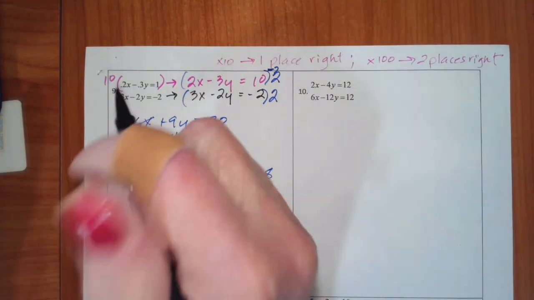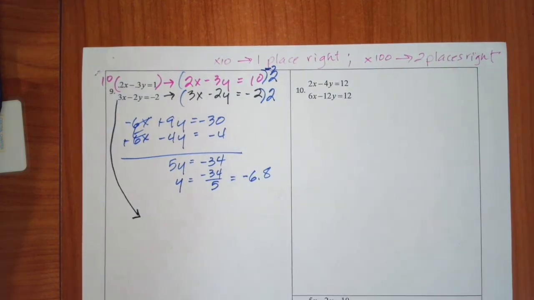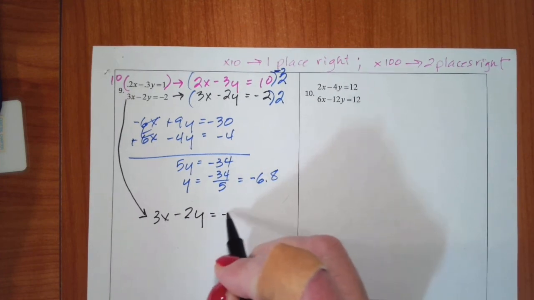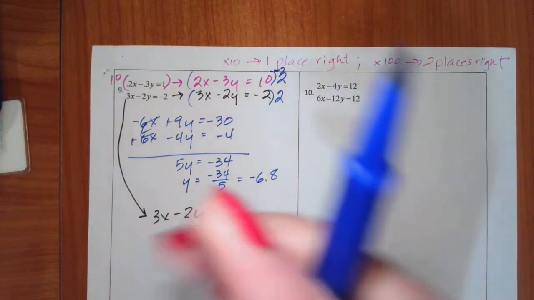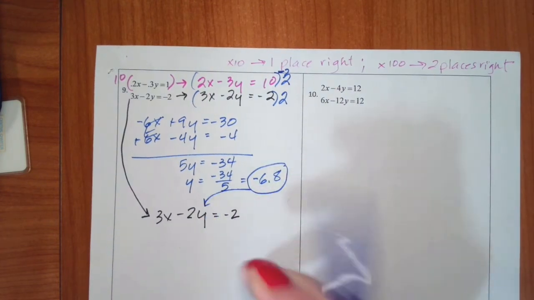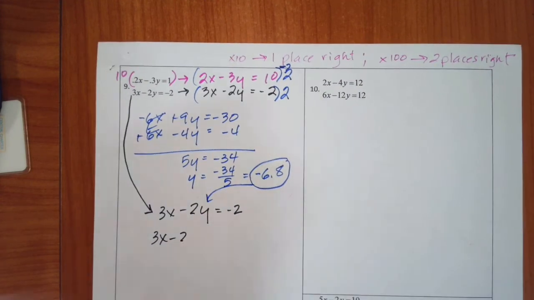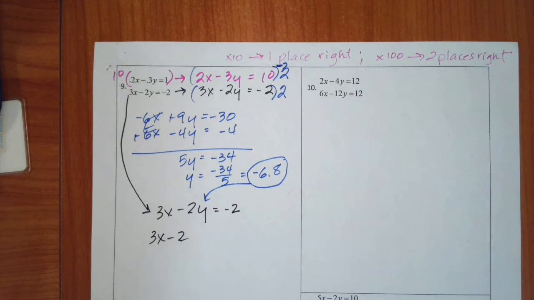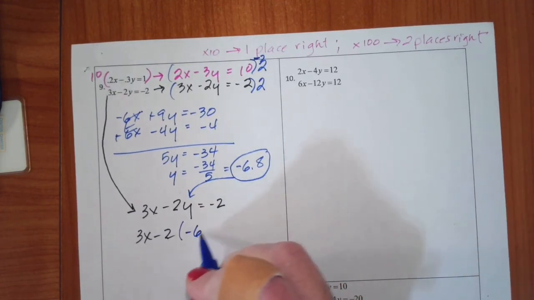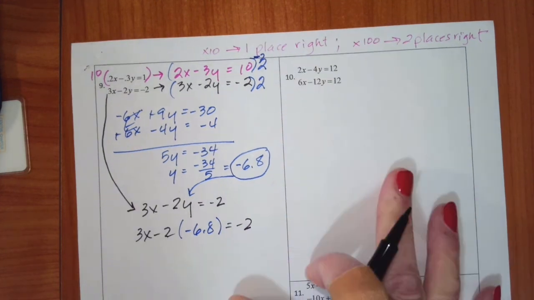Okay, so let's bring down this equation. It doesn't matter really. If I have 3x minus 2y is equal to negative 2, since I know what y is equal to, I can place it in here. So I have 3x minus 2 times negative 6.8 is equal to negative 2.